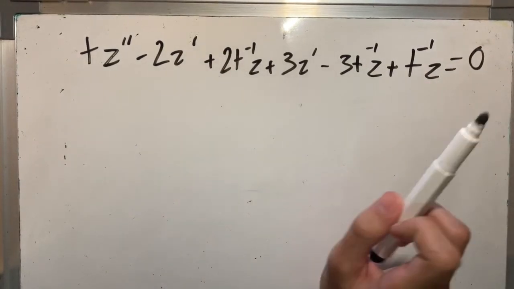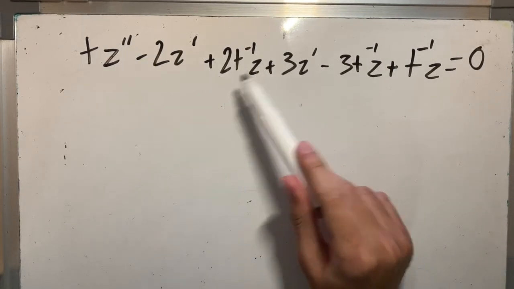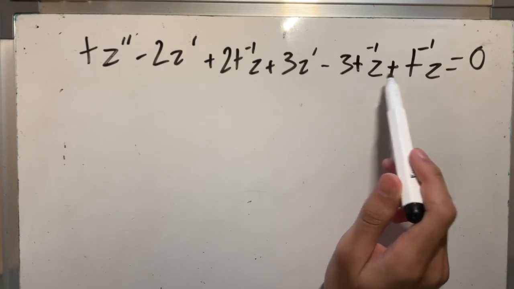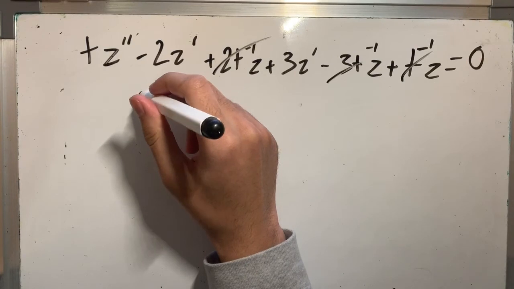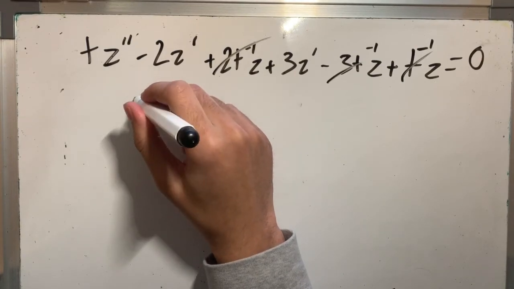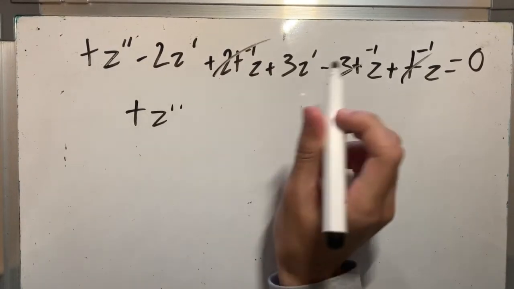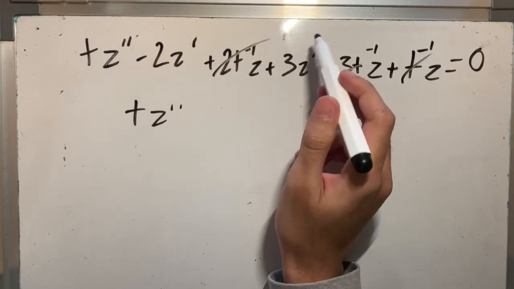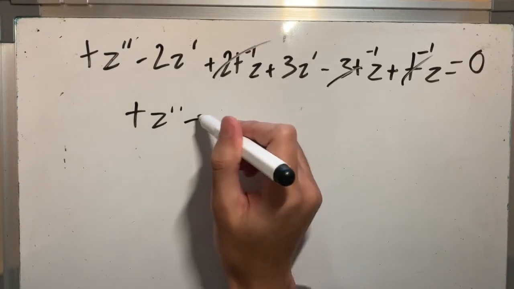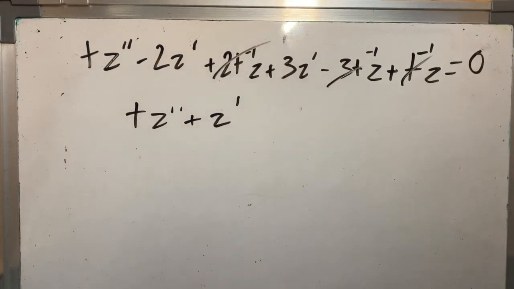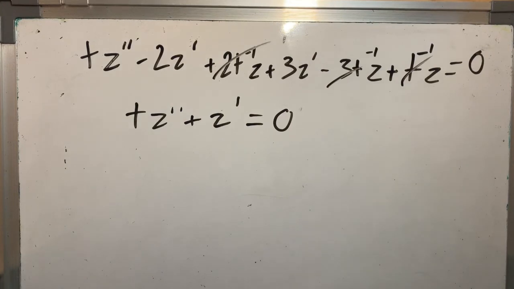So let's see, t to the negative 1 z plus 2t to the negative 1 z is 3t to the negative 1 z, minus 3t to the negative 1 z, all cancels out. We're left with just tz. Looks like we have plus 3z dash minus 2z dash, which also ends up just being plus z dash. That all is equal to 0. The entire thing simplified out to this.